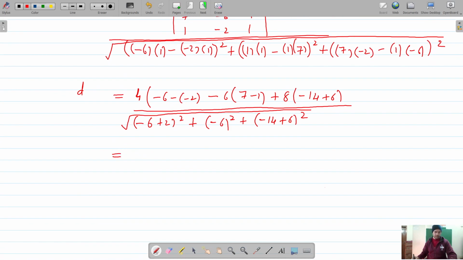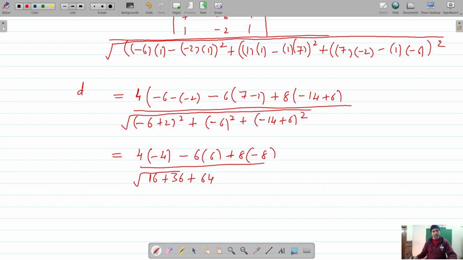Let's simplify this. 4 into minus 6 plus 2 is minus 4, then minus 6 into 6, plus 8 into minus 8. In the root, minus 6 plus 2 is minus 4, whose square is 16. Then 36. Minus 14 plus 6 is minus 8, whose square is 64.